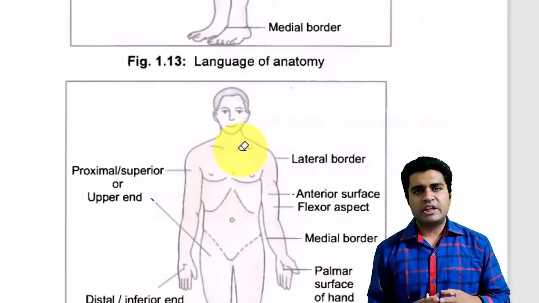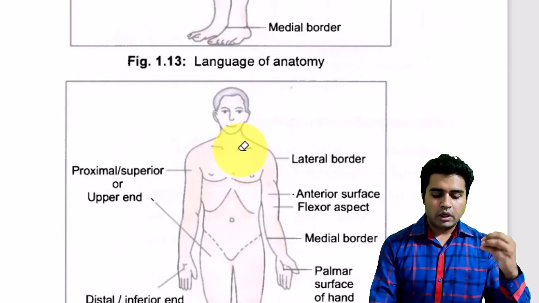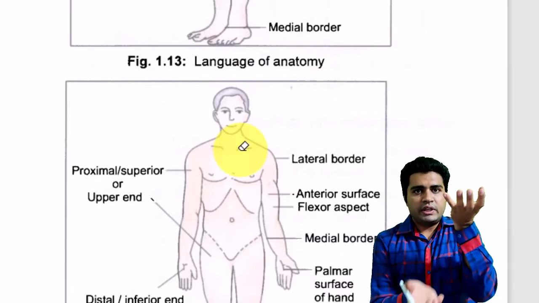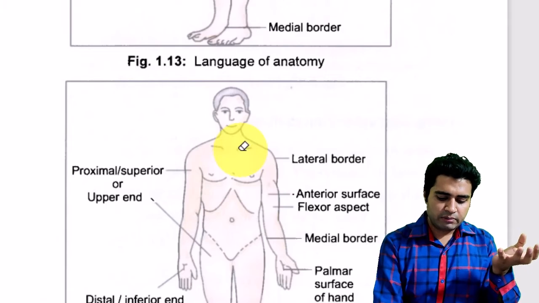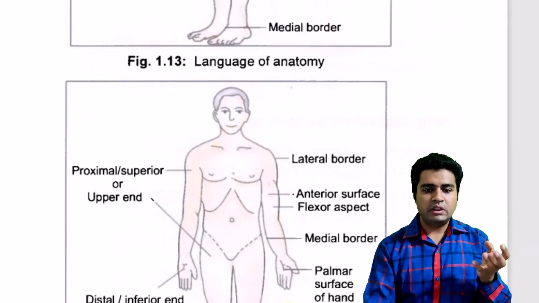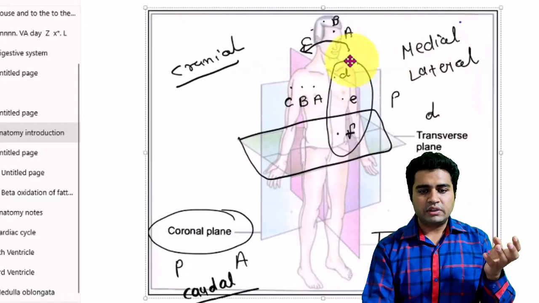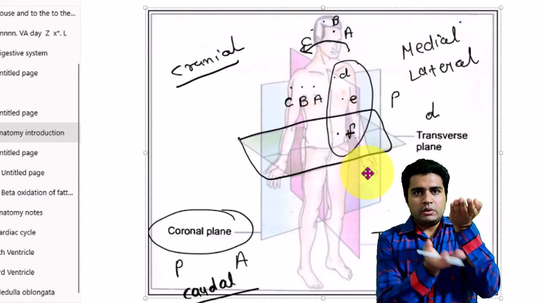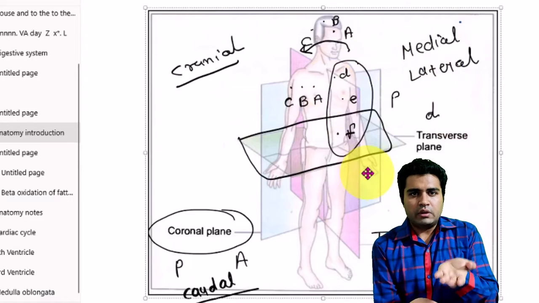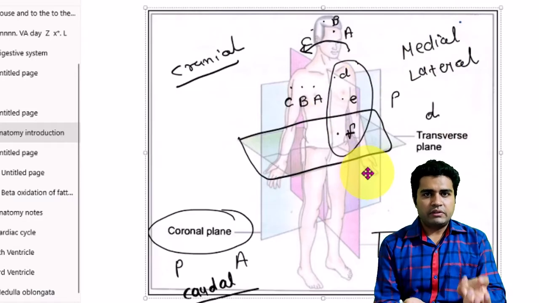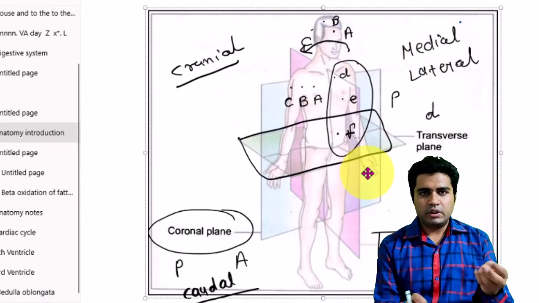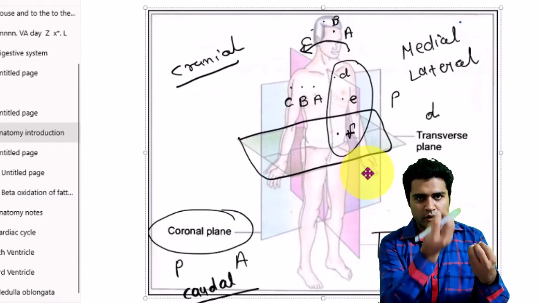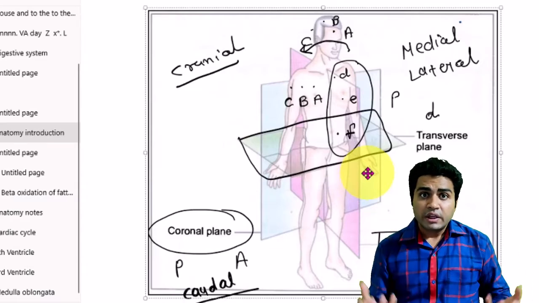With respect to the transverse plane, I forgot to tell you that it is also known as the superior as well as the inferior. In the same terminology, in this DEF, you can say D is superior to E and E is superior to F. So the part which is on the upper side is known as the superior, and the parts of the body which are on the lower side are known as the inferior.